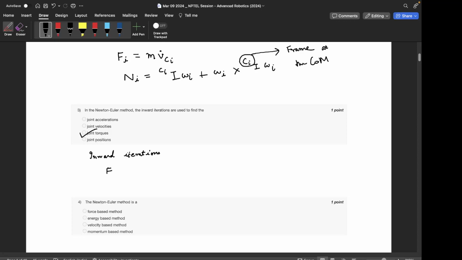So this is the force balance equation for a link, and the second part would be the torque or moment balance.